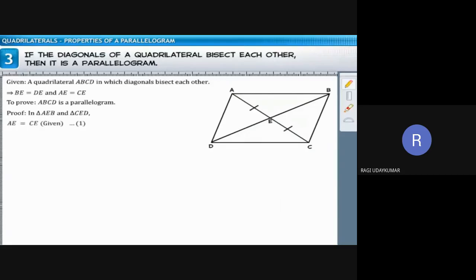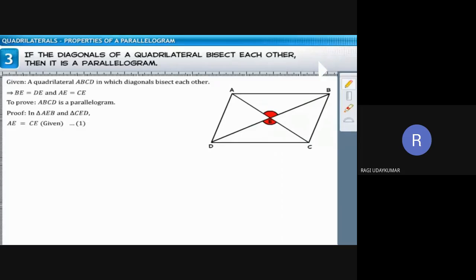Diagonals bisecting is already given. Then it is a parallelogram, which we have to prove. Here AE equals CE. Also these two angles are equal. What angles are shown here? Can you say? Vertically opposite angles. Yes, very good. These two are equal.